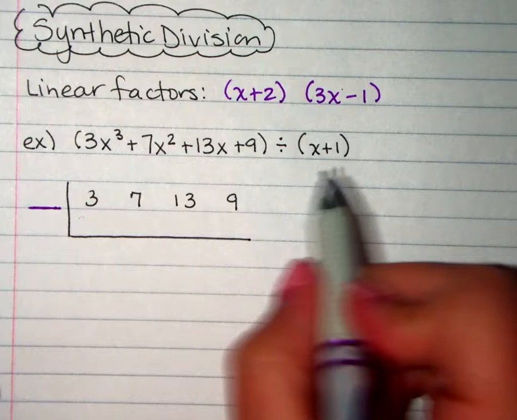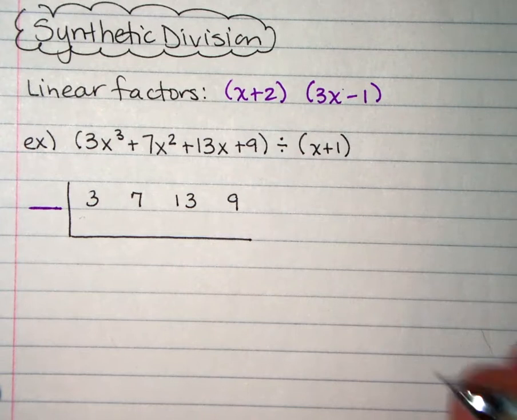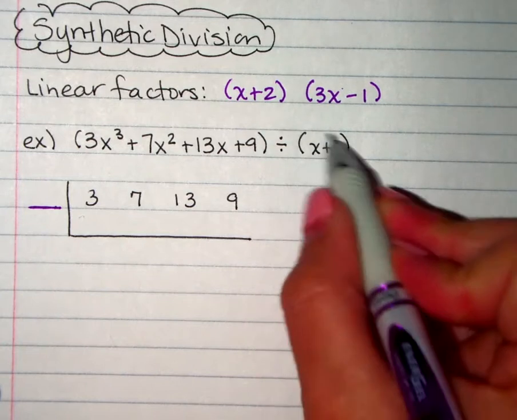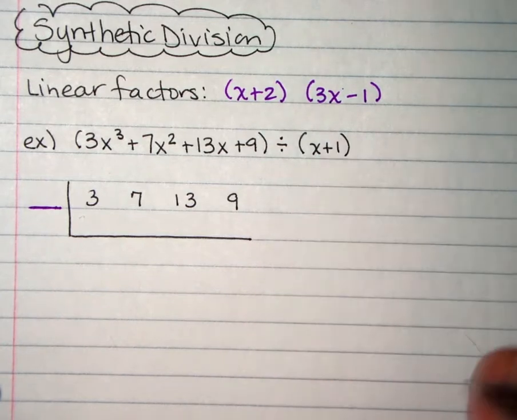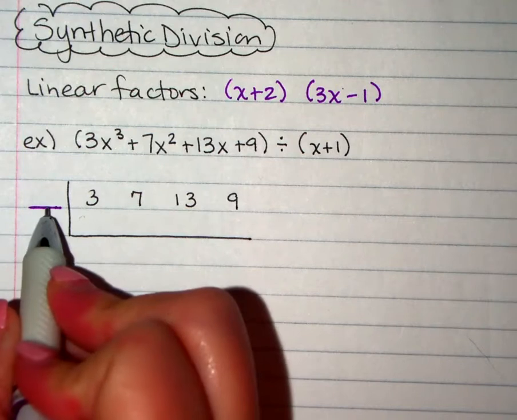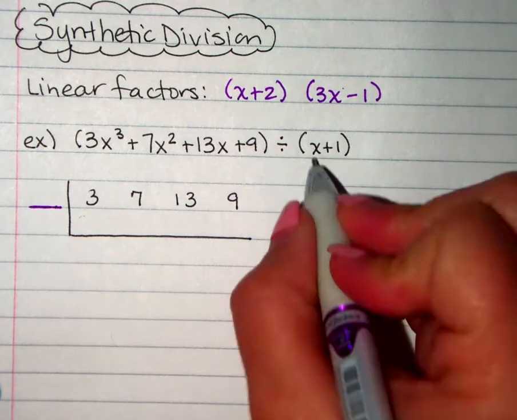However, there is more meaning to this x plus 1 than what we've already discussed. In the next section, we're going to be talking about how to find zeros or roots of a polynomial. So when I do synthetic division, I want to know if this binomial is a factor, but I also want to know if it is one of our zeros. To figure out what number goes here as my divisor, because I'm just looking at numbers, not variables, I need to take x plus 1 and set this equal to 0.